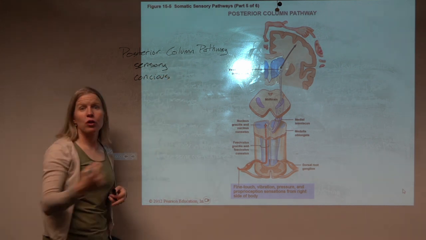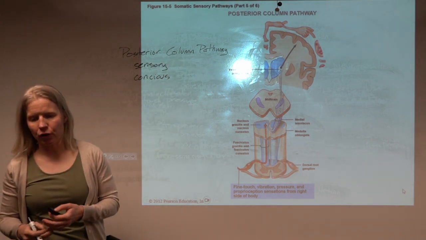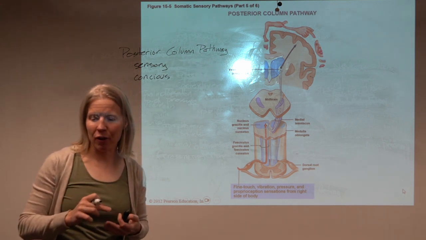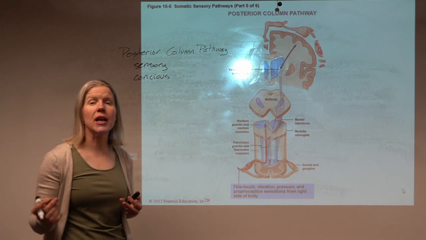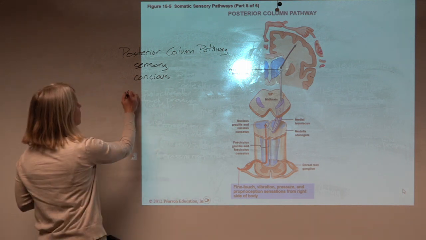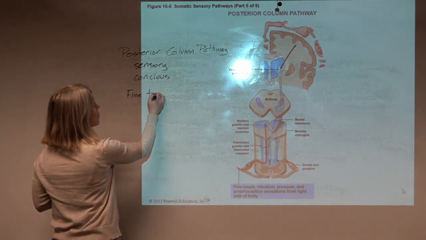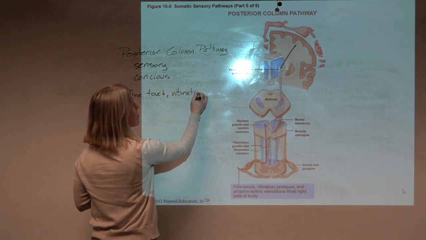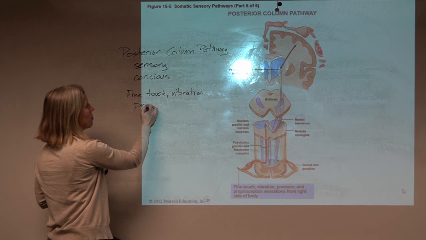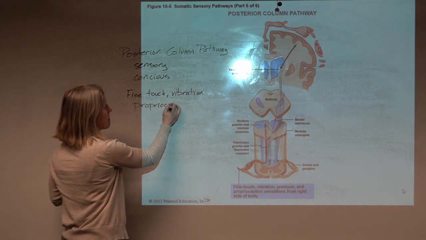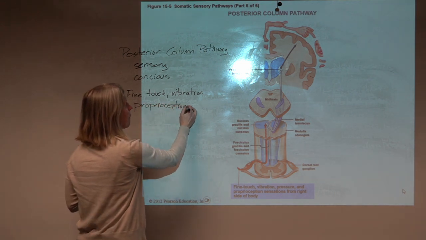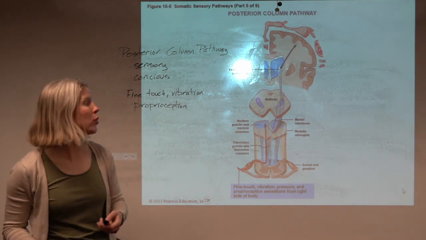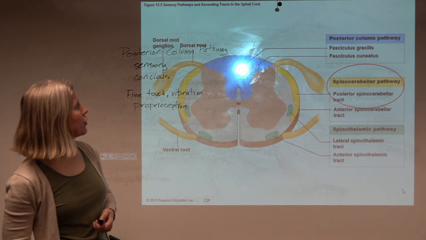We see it going out to the cortex, so we know that is going to enter our conscious thought. This carries more information about fine touch, vibrations, and proprioception. So they're actually pretty similar, they're just carrying slightly different modalities of information to the brain.